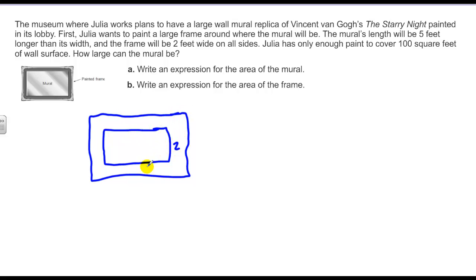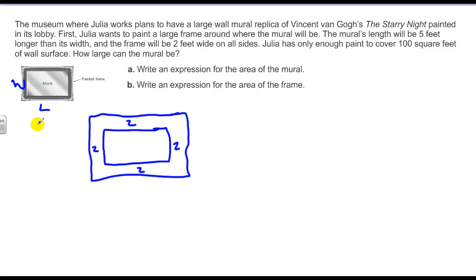In fact, it's going to be 2 feet on either side, so a rather big frame. Then it says the length is 5 more than the width, or 5 longer than the width. Let's call this the width and call this the length.